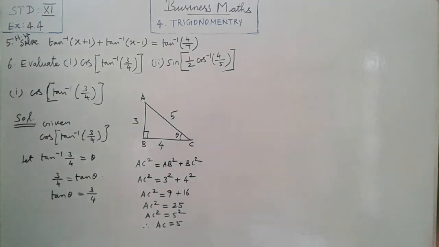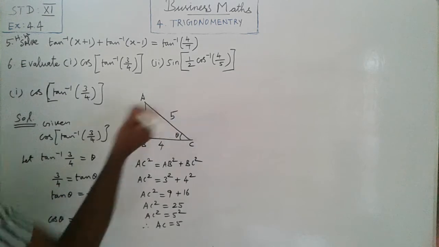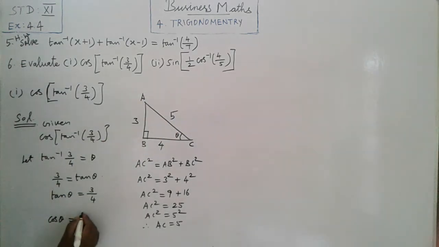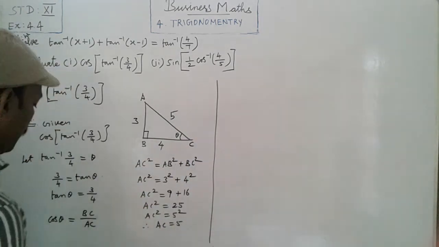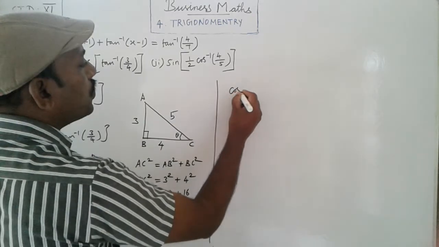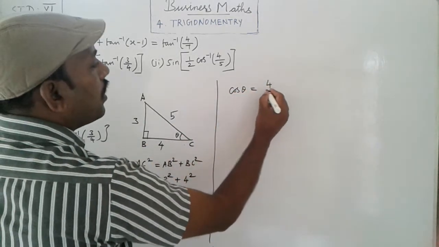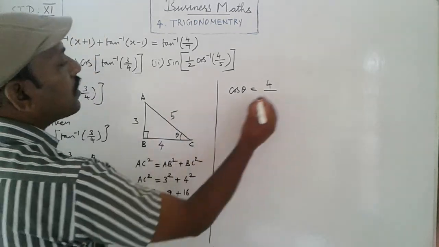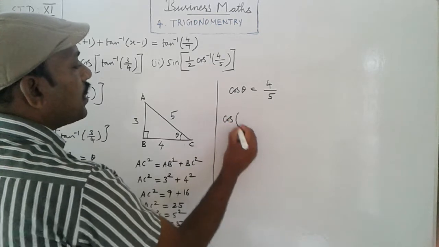Now we should find out cos theta. Cos theta equal to adjacent divided by hypotenuse, so BC divided by AC. Cos theta equal to BC is 4 divided by AC is 5.